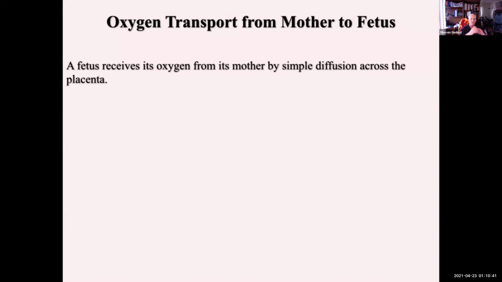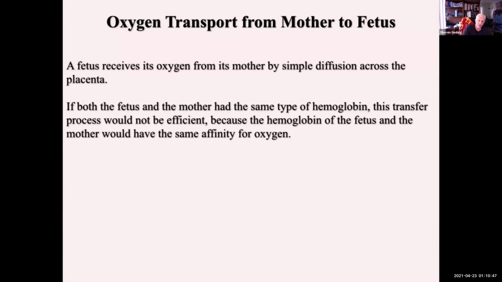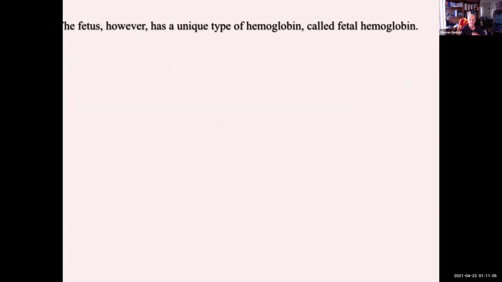Okay, so a fetus receives oxygen from its mother by diffusion across the placenta. If both the fetus and the mother had the same type of hemoglobin, the process would not be efficient, because they would have the same affinity for oxygen. That means it wouldn't transmit to the fetus very well. That's not what happens. Okay.